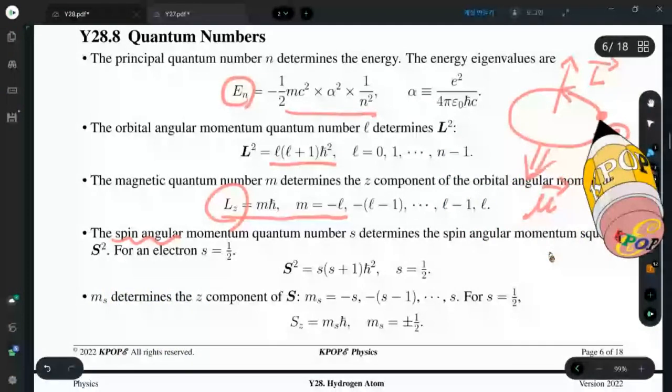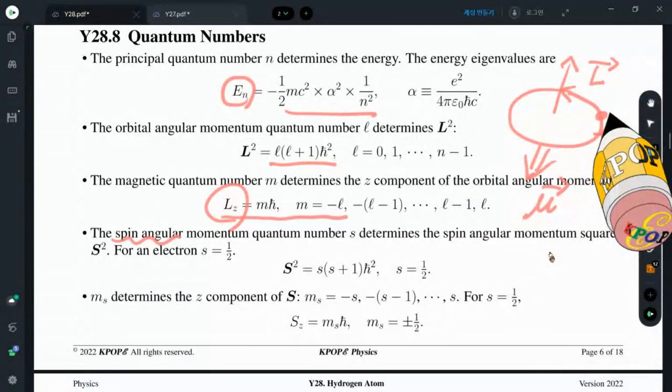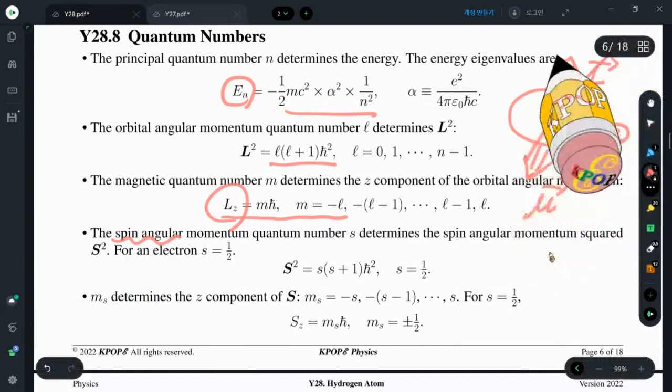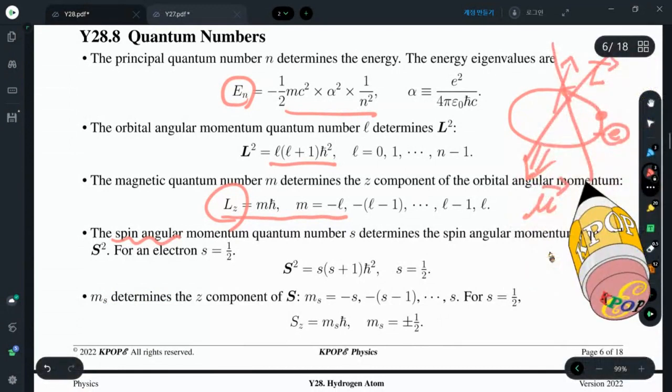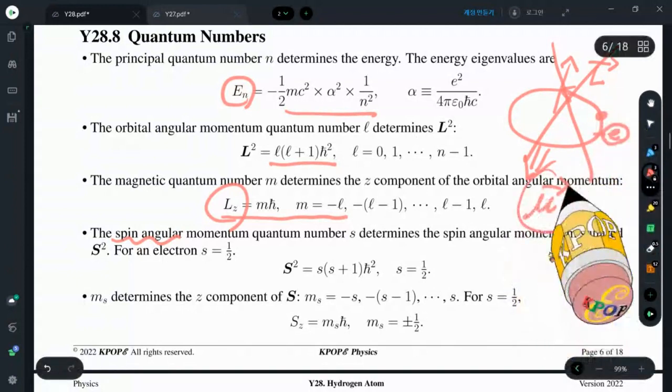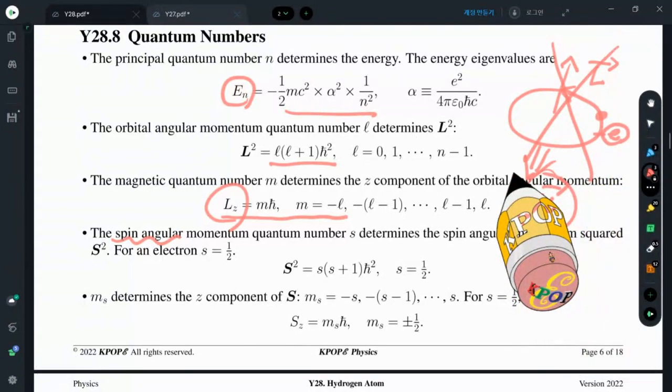However, if a particle stops moving, then orbital angular momentum must vanish. Then the corresponding magnetic moment vanishes. However, even if an electron doesn't move at all, it still has its own magnetic moment. So it is a magnet.